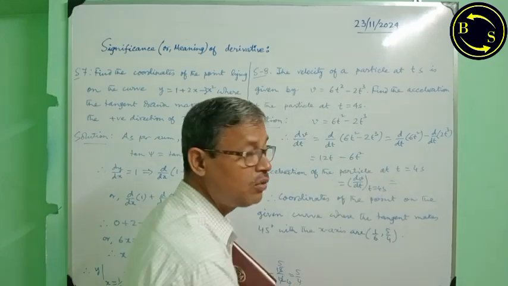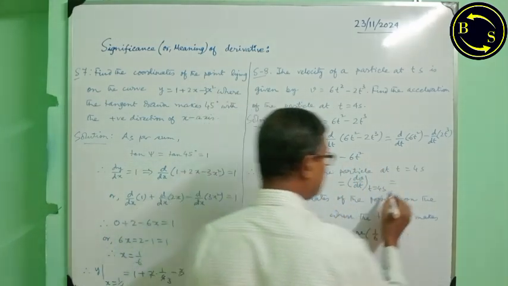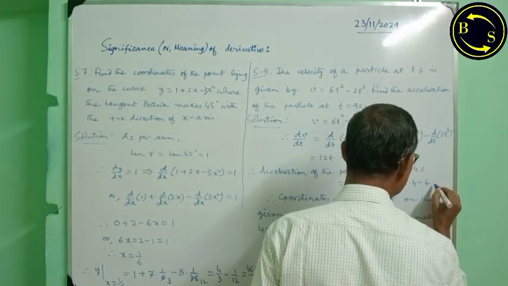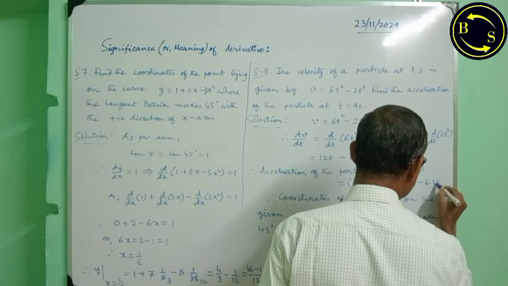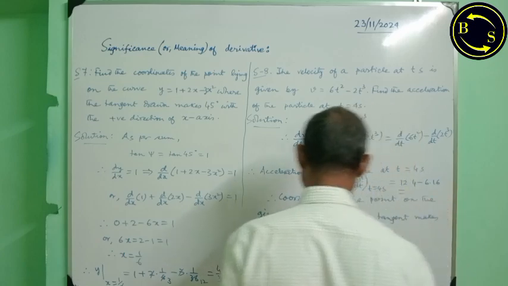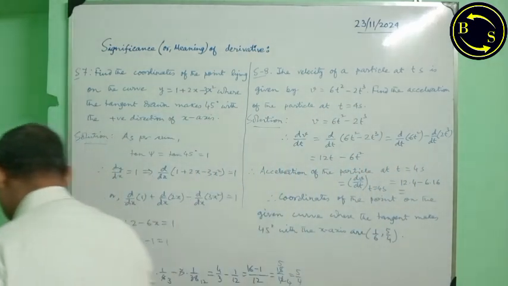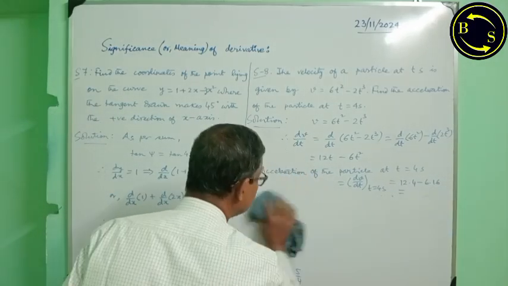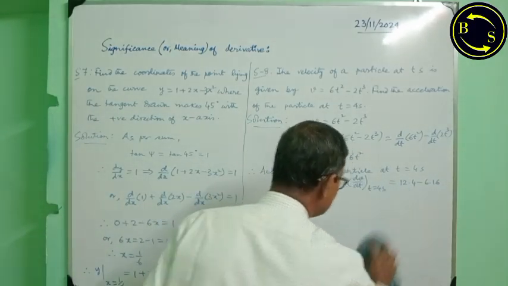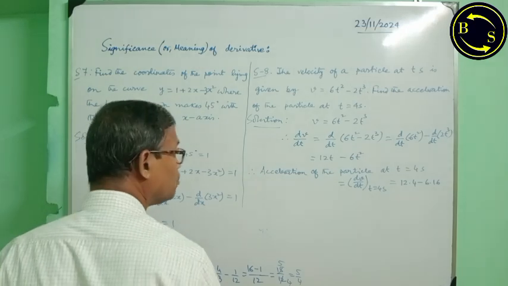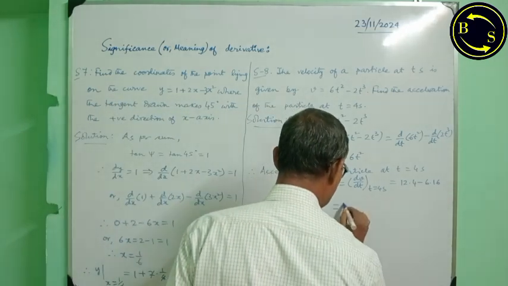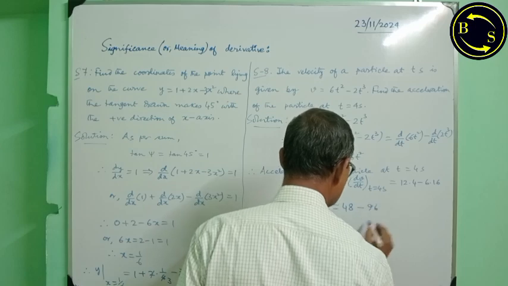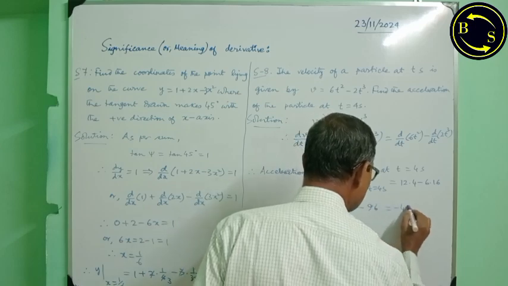Now we have to put the value here, 12 into 4 minus 6 into 4 square, means 16, that is equal to 48 minus 96, that is minus 48.